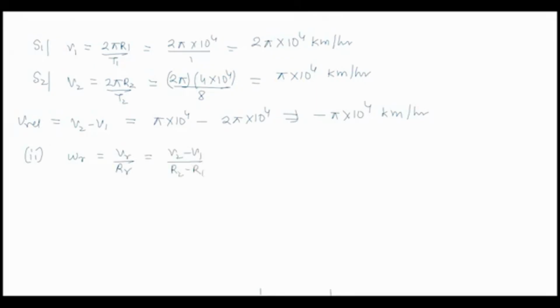So it is 3.14 into 10 to the power 4, that is the value of pi, into 5 by 18, converting it into meter per second, upon r2 minus r1, which is 3 into 10 to the power 4 into 10 to the power 3. The value will be in radian per second. If we solve this out, we obtain 3 into 10 to the power minus 4 radian per second.